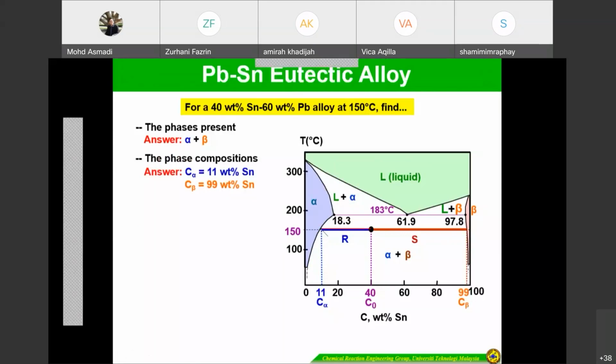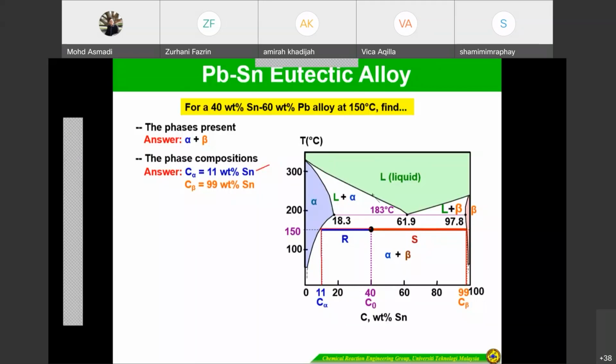For the beta, you extend to the right side until it touches the solvus line, so that we can get C beta. You can read here, it is 99% of stannum, and the rest is plumbum.